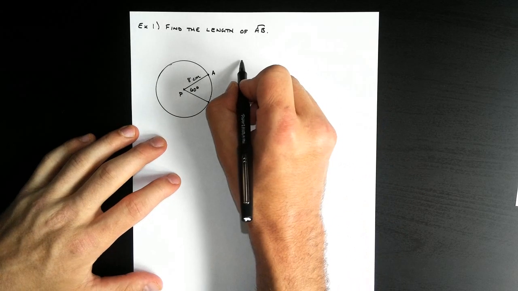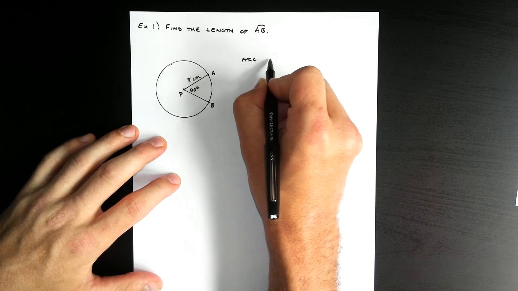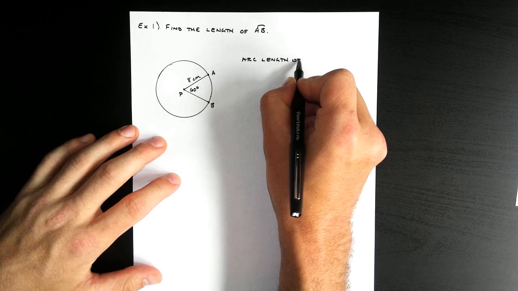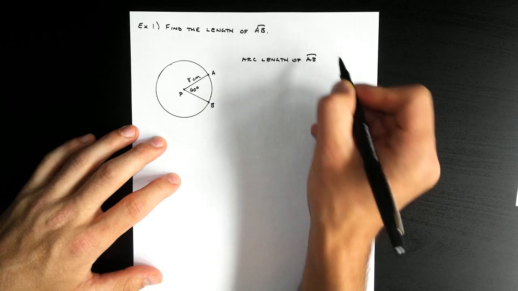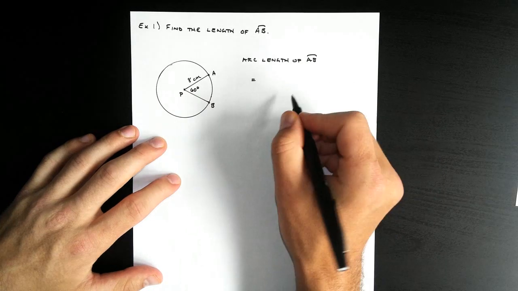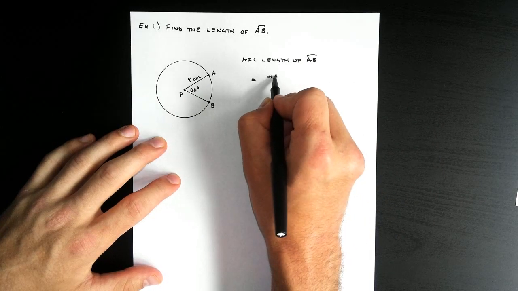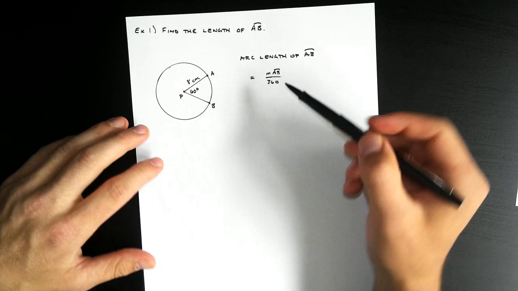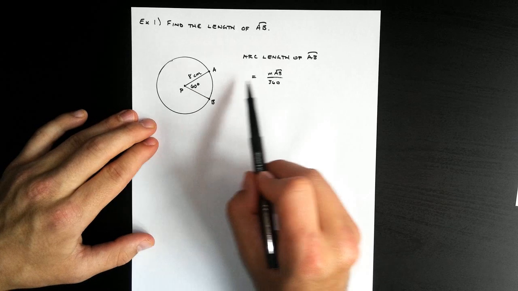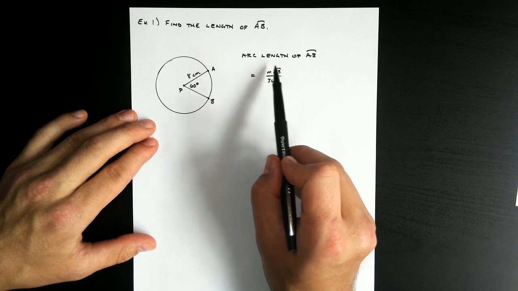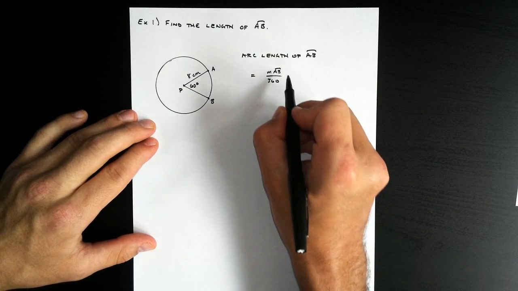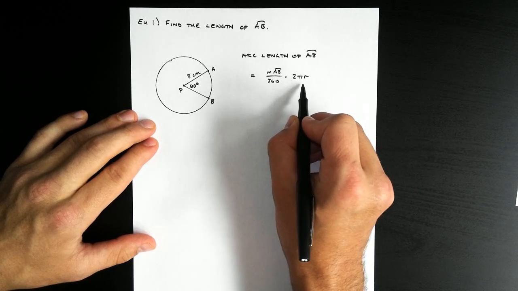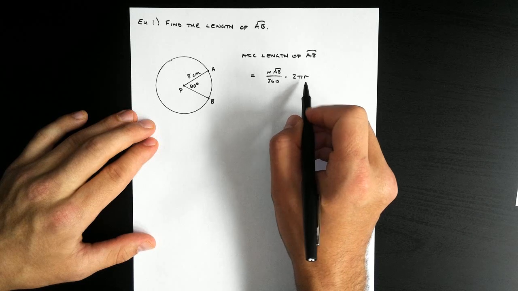So what we end up with is the arc length of AB, that's going to be equal to the measure of this arc over 360. Okay, so in this case, it's going to be 60 over 360. This tells me the piece of the circle that I'm looking at. And then we multiply that by 2 pi r, which gives me the entire circumference.